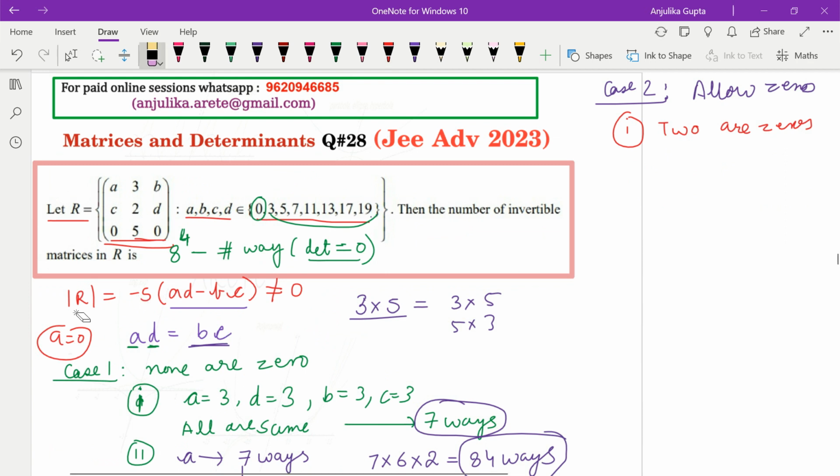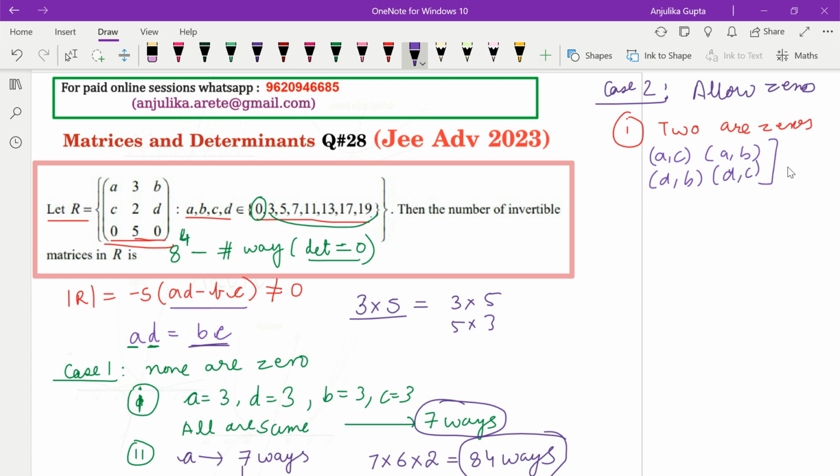So one 0 is not possible. You start with two zeros. How many ways can you choose two to be 0? Either AC is 0, or AB is 0, or DB is 0, or DC is 0. 4 ways.